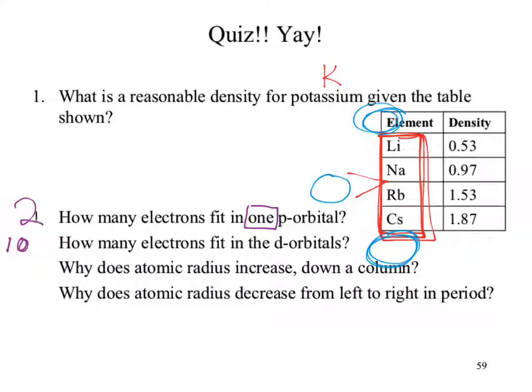What happens when we move left to right? Why does it get smaller to the right? Okay, what was that? So I'm hearing more pull. What does that mean? How do you get more pull? The protons are pulling in the electrons. Okay, so you're saying as we move left to right, we have more protons.